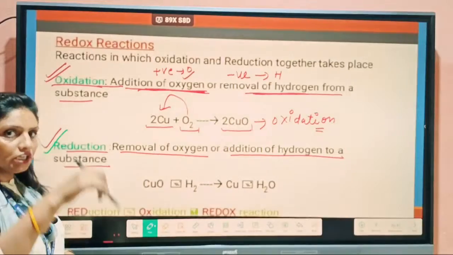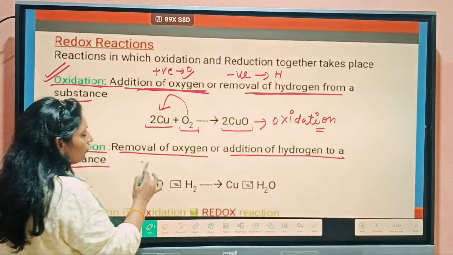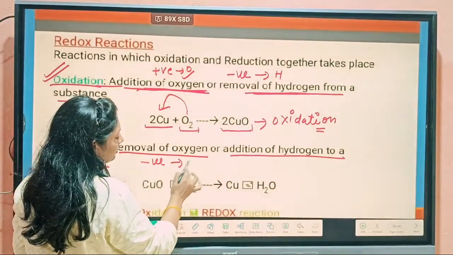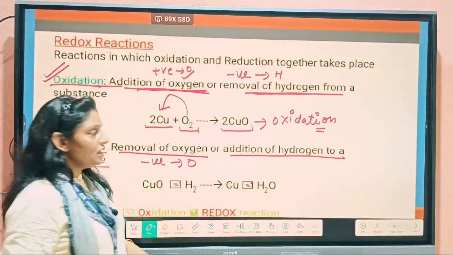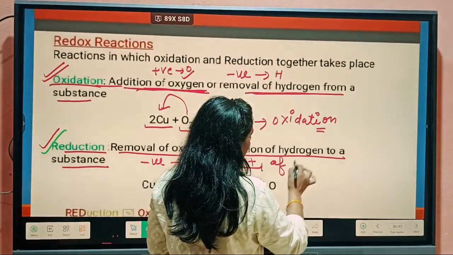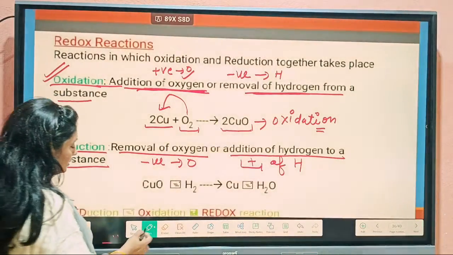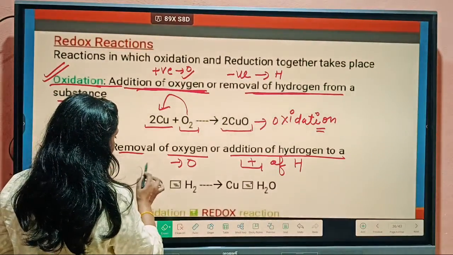But just opposite to this process, in case of reduction, removal of oxygen takes place and addition of hydrogen takes place here. Okay students, I hope it is clear.